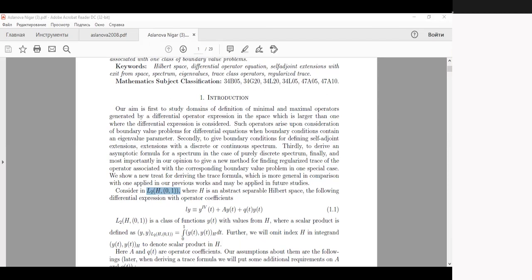The norm in that space is given in the next way: the integral from 0 till 1 of the function's squared norm in H, dt.